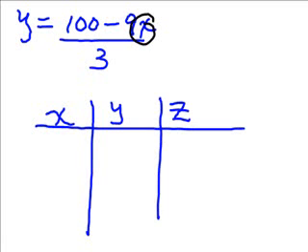So you start by figuring out what's the largest number that x can be so that y still remains positive. If I let x equal 20, y is going to be a negative number, because 100 minus 9 times 20 is negative.